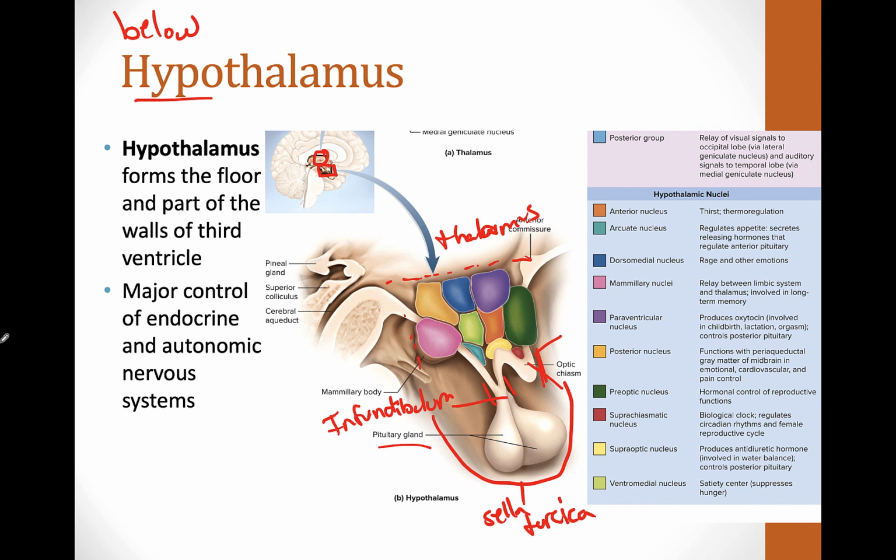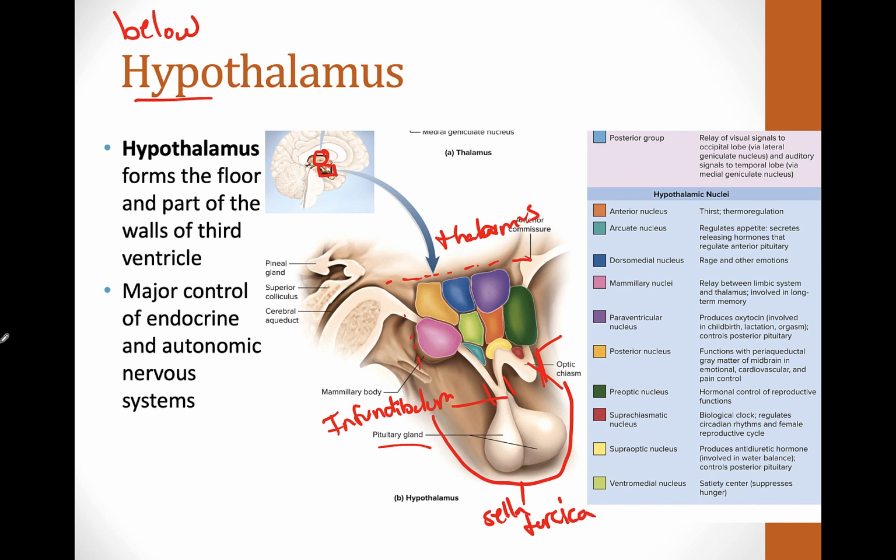So this is going to majorly have control over the autonomic nervous system and then the endocrine system. So endocrine is going to be our hormones. The pituitary gland releases tons and tons of hormones, which you will examine the first chapter you get to in Anatomy 2. You'll do the endocrine system.